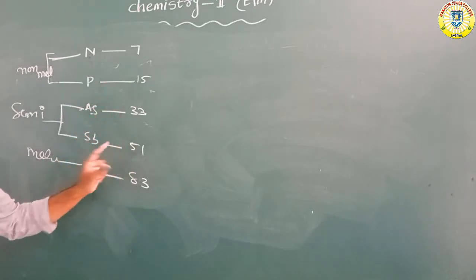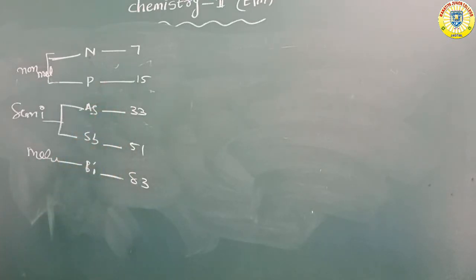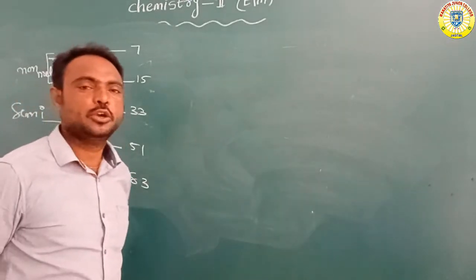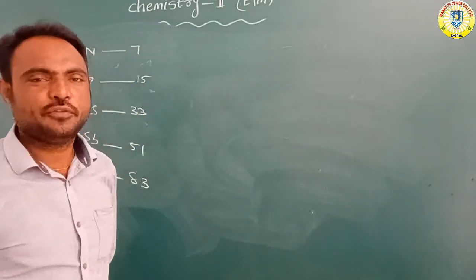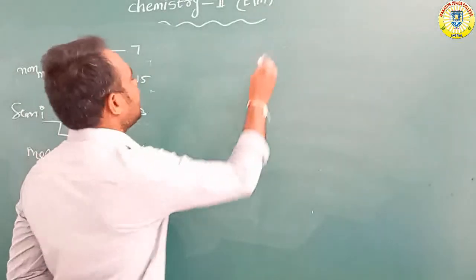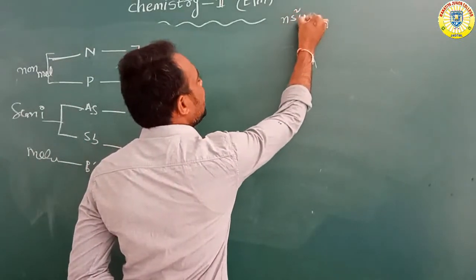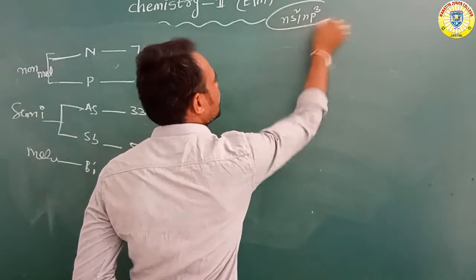These are the atomic numbers of the 15th group elements. So what is the general electronic configuration of this group? It is ns2 np3.